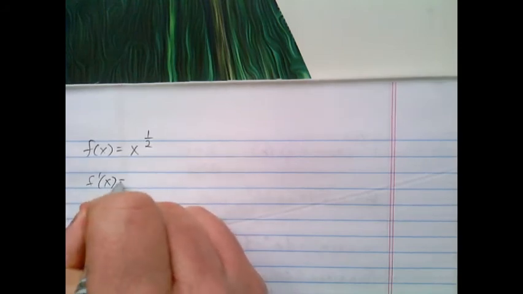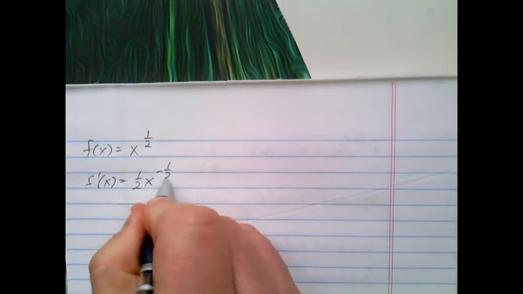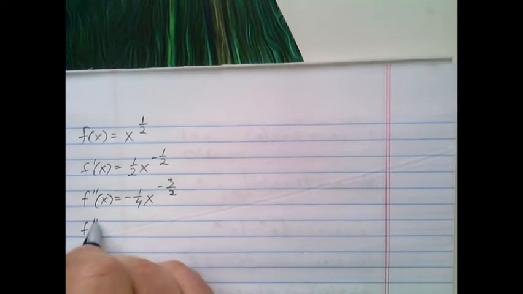So first derivative, bring down a 1/2. Power decreases by 1. A half minus 1 is negative a half. Second derivative, bring down a negative 1/2, I get negative 1/4, x to the minus 3/2. Alright, I need 2 more.